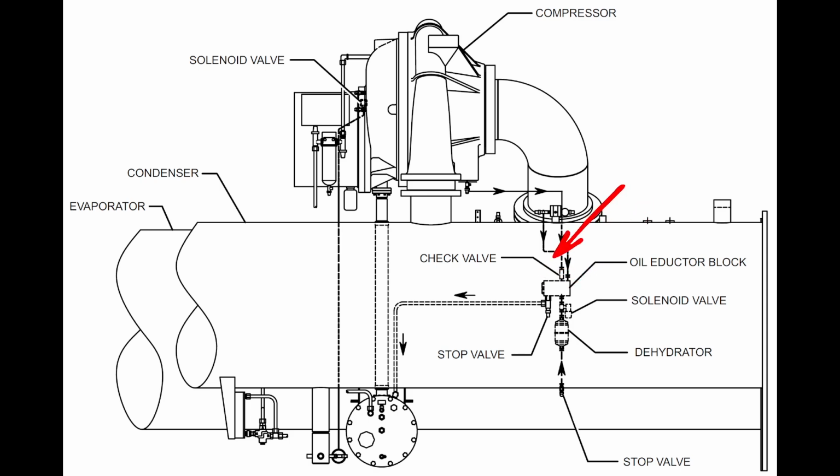Again, with these Yorks, it could be an external eductor block or an internal eductor block. If it is internal, it'll be mounted at the very back of the block, furthest away from the end cap, right next to where the oil heater typically inserts. So this is just York's way of doing the same basic thing.